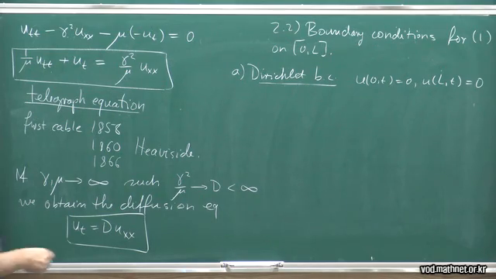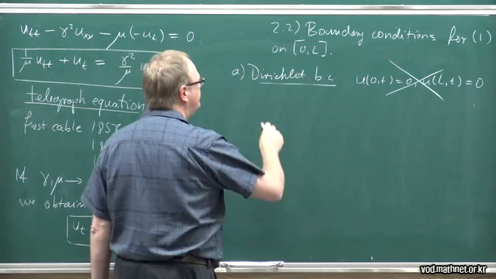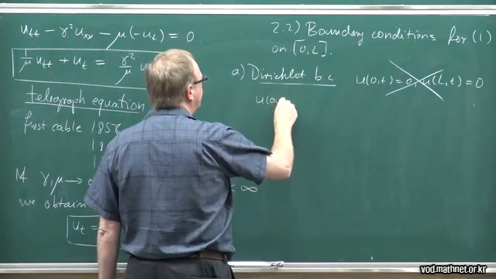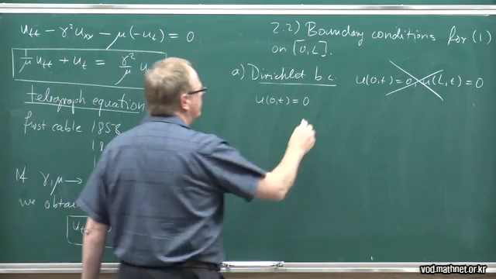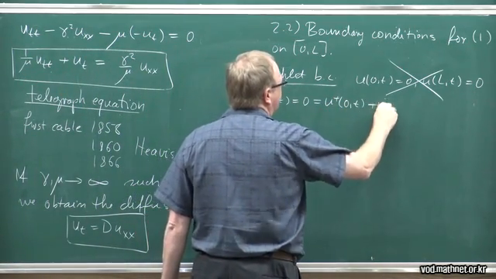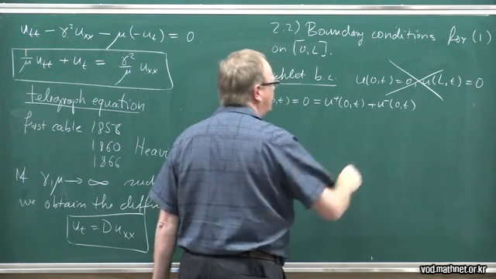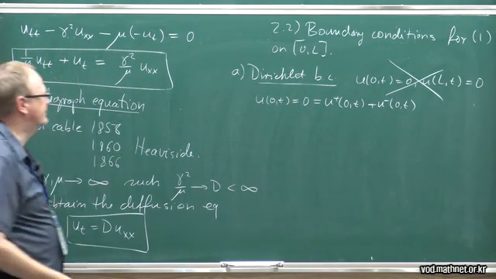So why does this not work? Let's look at it. If I assume u at (0,t) is equal to 0, this also means it's the sum of u plus and u minus. These are population densities, so they are non-negative, and if the sum is 0, then each one of them is 0.